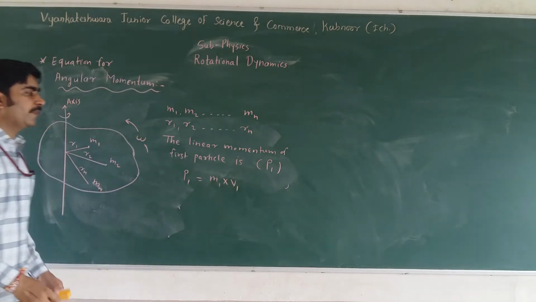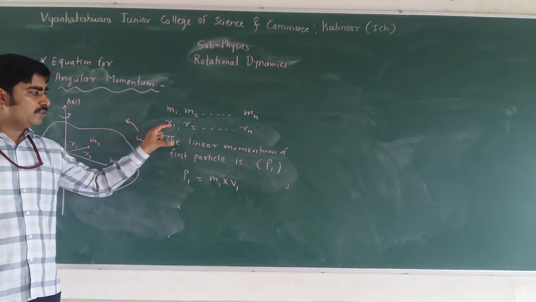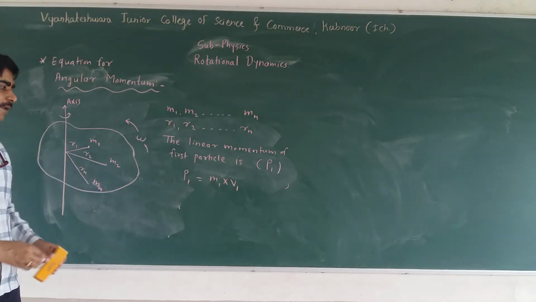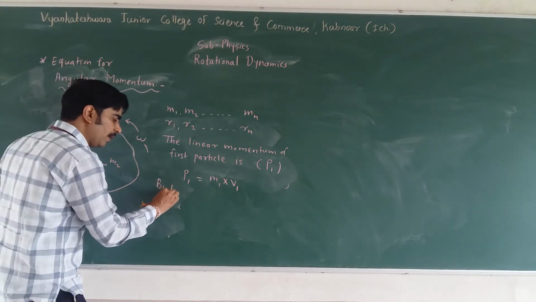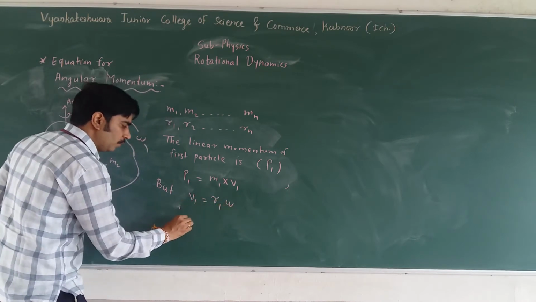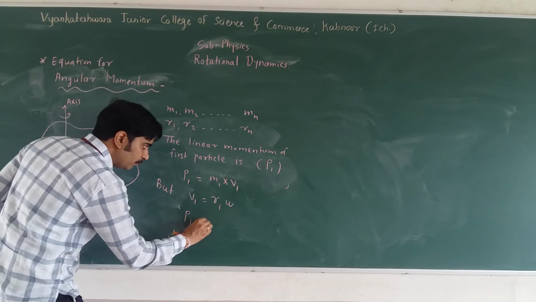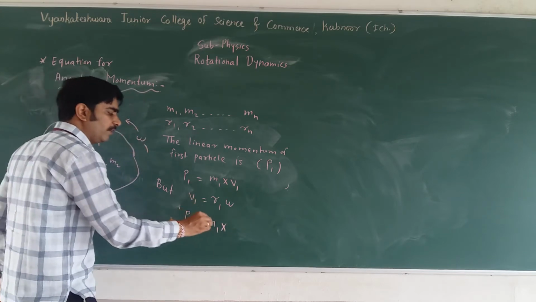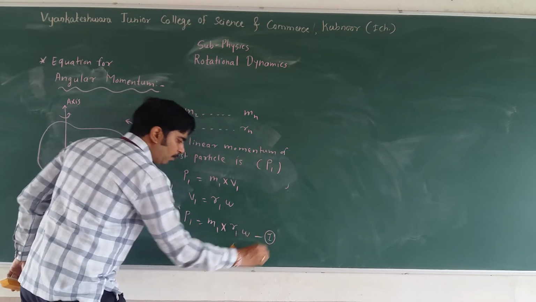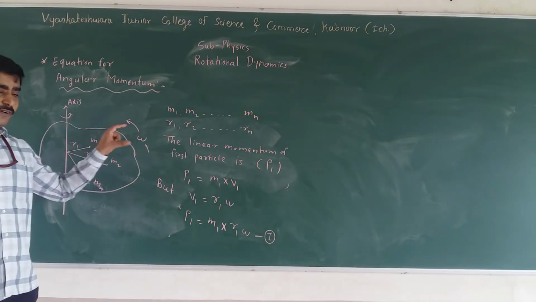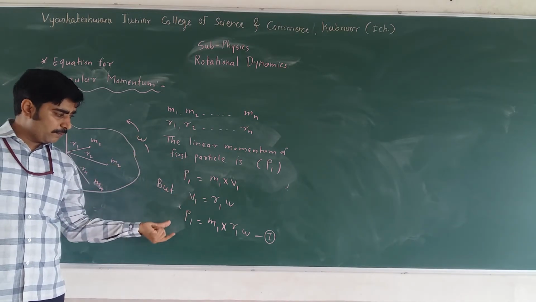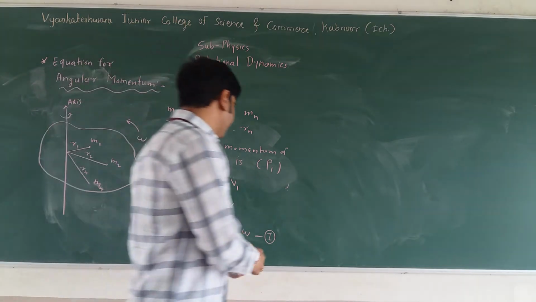So p1 is equal to m1 v1. But v1 is equal to r omega. So we can write p1 is equal to m1, and in the place of v1 we can write r1 omega. So this is equation number 1. The linear momentum of the first particle p1 is equal to m1 v1, but v1 is equal to r1 omega, so p1 is equal to m1 r1 omega.